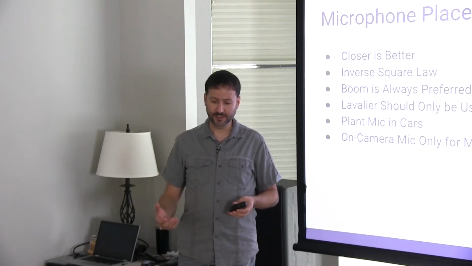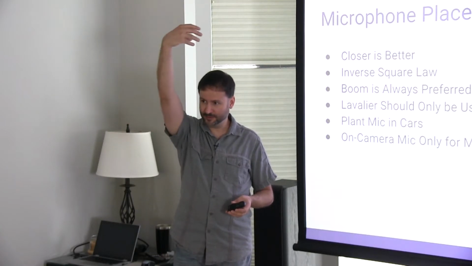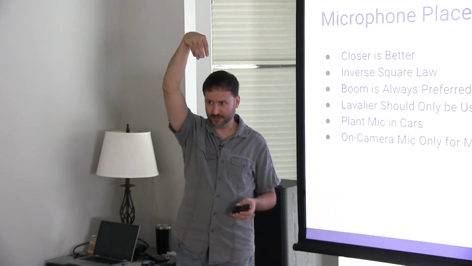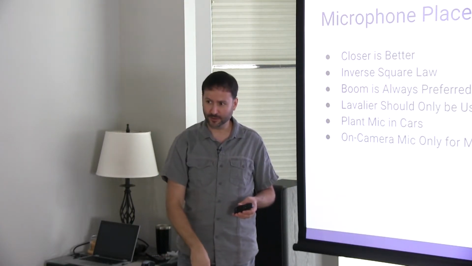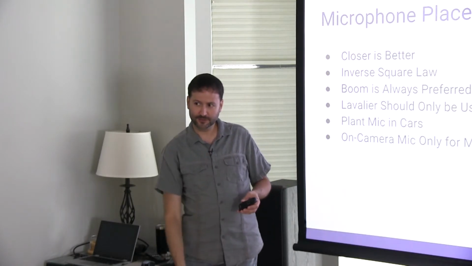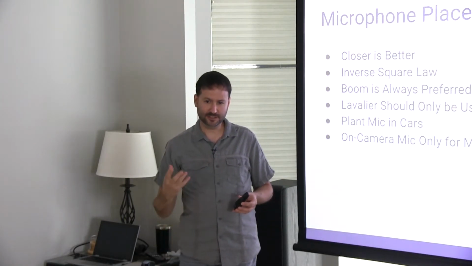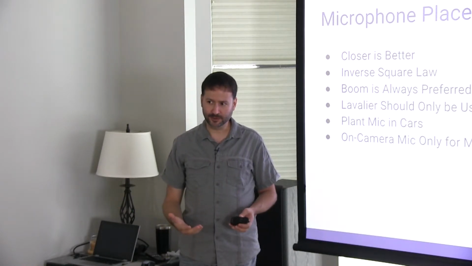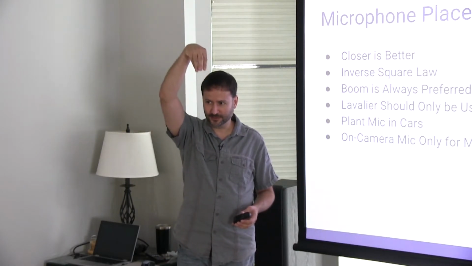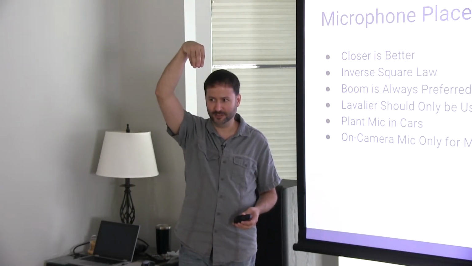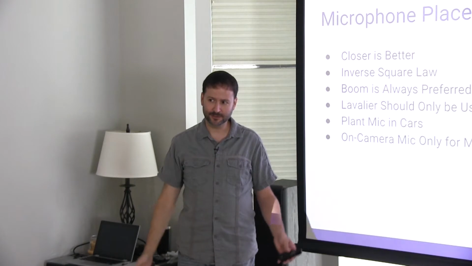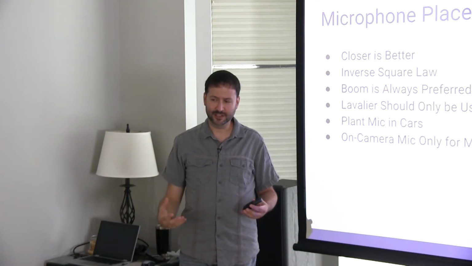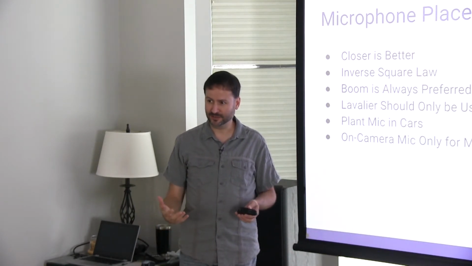And if you have a microphone above the actor, close to the actor, but pointing down at the floor, you're going to get a little bit of reflection off the floor, and that's just like the perfect amount of reverb to have in your recording. So without doing any work, if you point your microphone down at the floor near your actor, you're getting a little bit of reverb, but not a lot, and that's just the right amount.